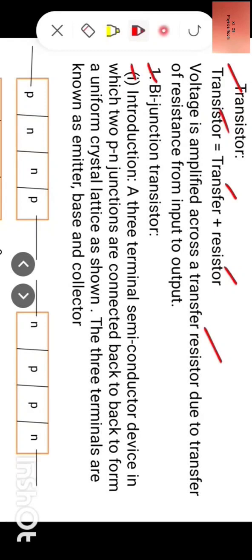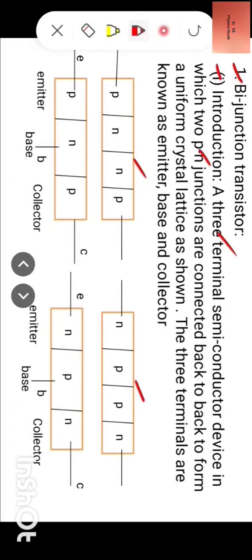It is a three-terminal semiconductor device in which two p-n junctions are connected back to back to form a uniform crystal lattice as shown in the diagrams. The three terminals are known as emitter, base, and collector, and are denoted by E, B, and C.